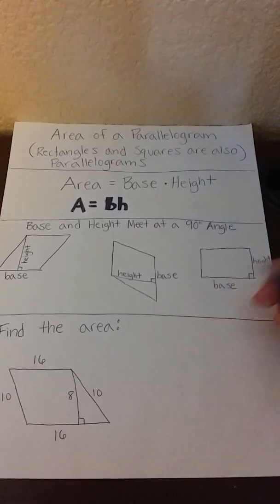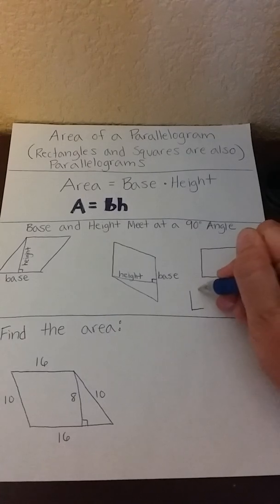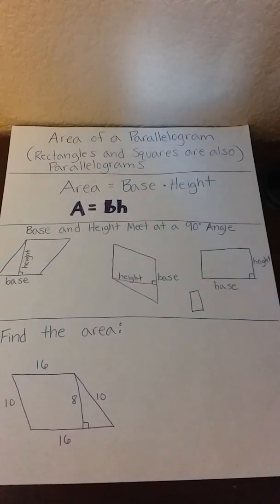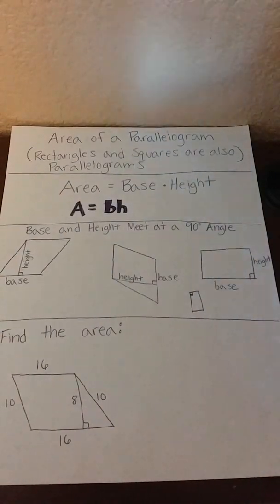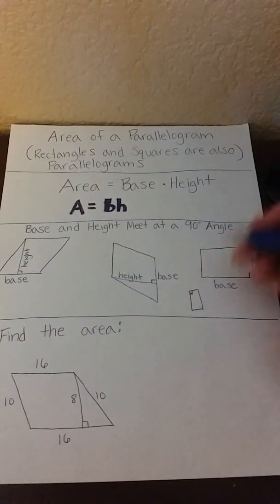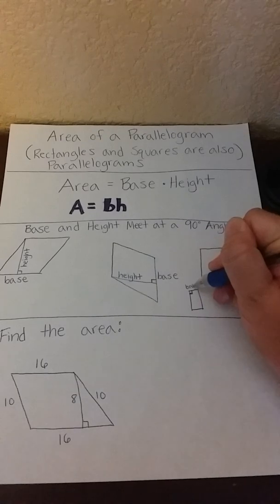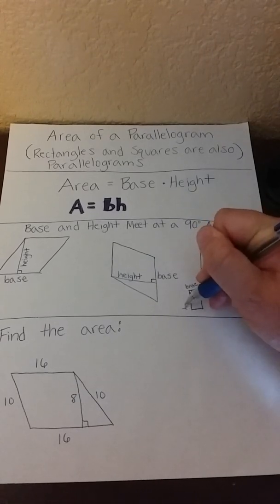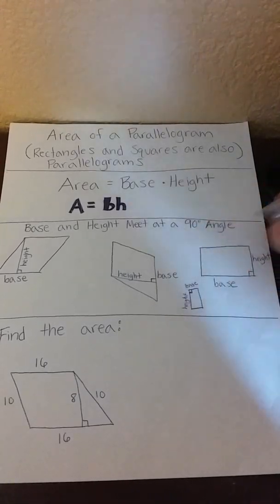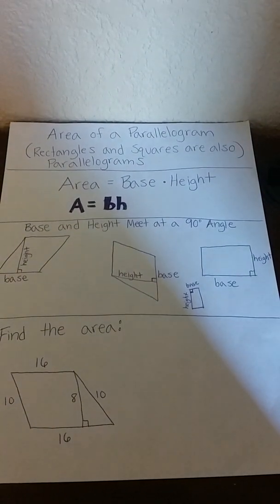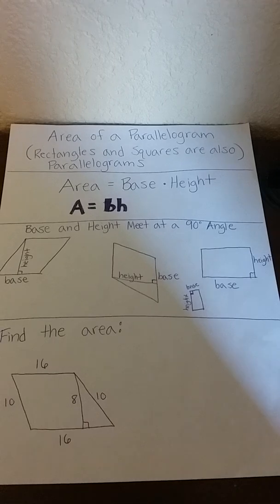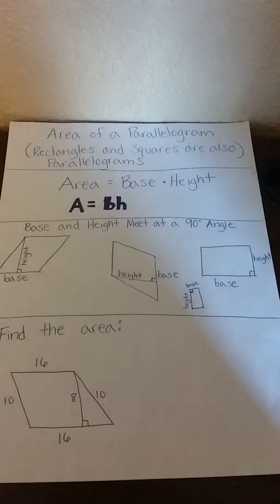It could be any corner, so if I had a different rectangle that looked like this and I knew it was a rectangle, a corner is a 90-degree angle in a rectangle or a square, so then this would be my base and this would be my height. So when you're given that it's a rectangle or a square, you can mark any corner with that 90-degree angle so that you can use it to find which is your base and which is your height.